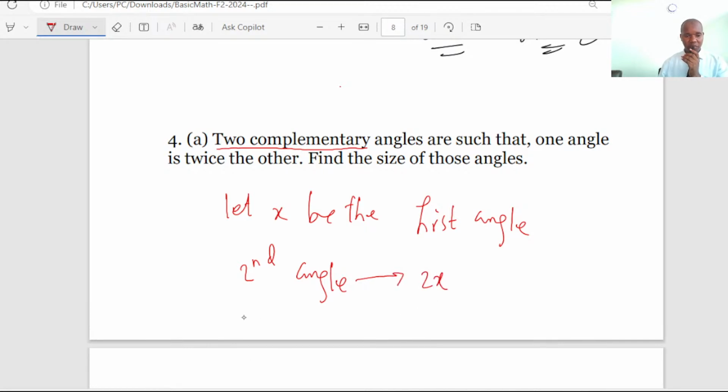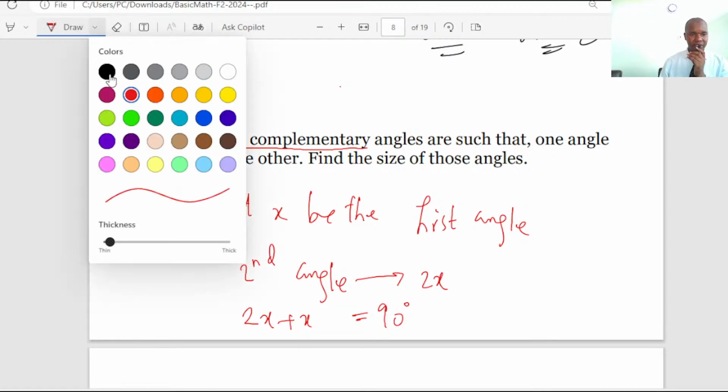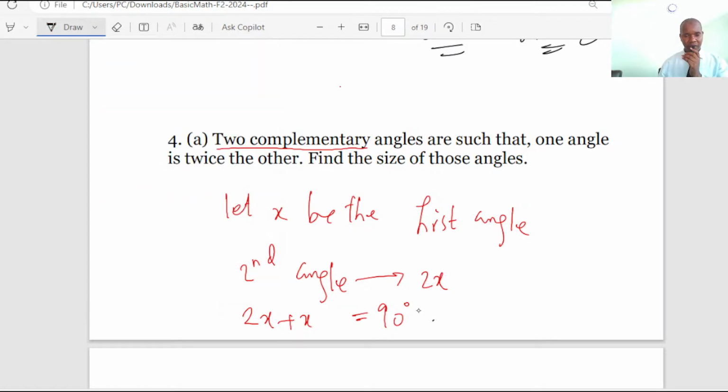And so the summation of those 2 angles will be 2x plus x equals to 90 degrees. That is actually the definition of complementary angle. And so in this regard, we have now 3x equals to 90 degrees. You divide it by 3 both sides, so we'll be having x equals to 90 degrees divided by 3, and eventually we get x equals to 30 degrees.